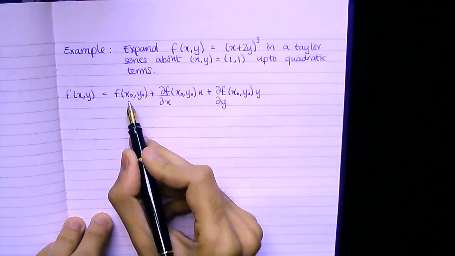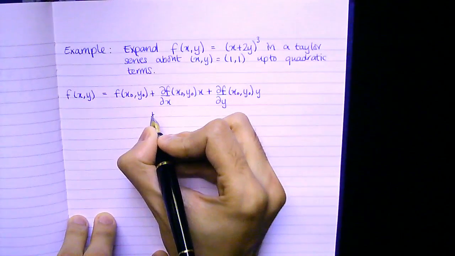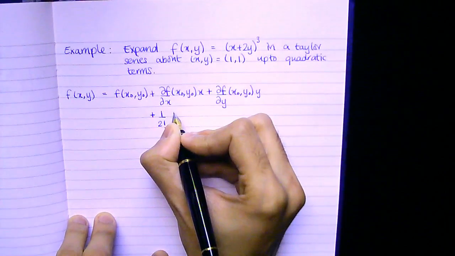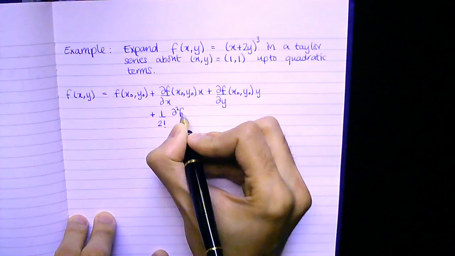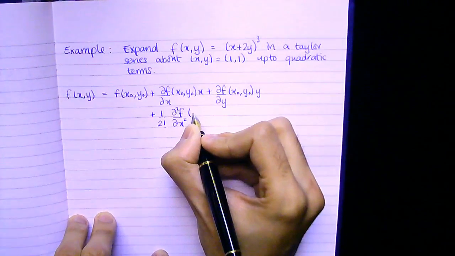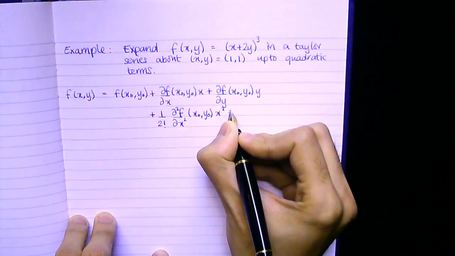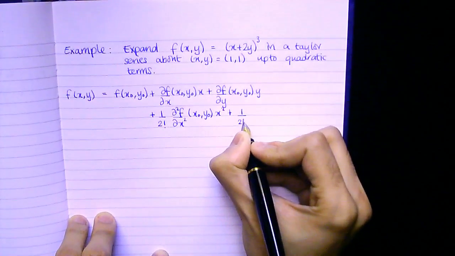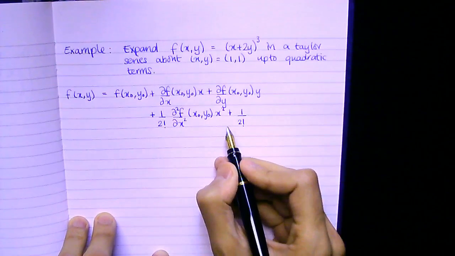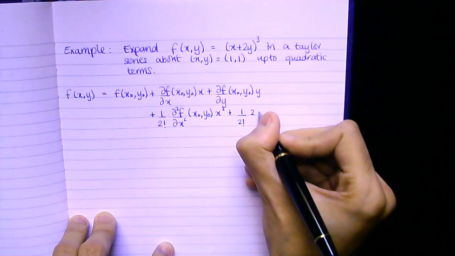So this is the constant term, this is the two linear terms, then I have my quadratic terms, so the first of the quadratic terms is just 1 over 2 factorial times this. The middle actually is multiplied by 2, so I get 2 of these.